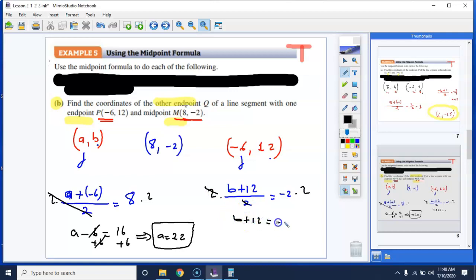B plus 12 equals -4, minus 12, minus 12. So B should be equal to -16. Which means the other missing ordered pair should be (22, -16).